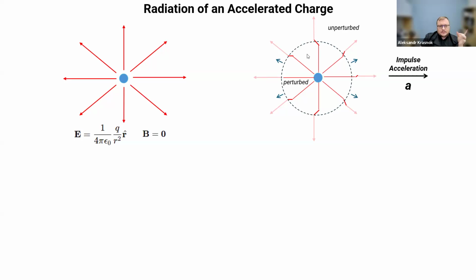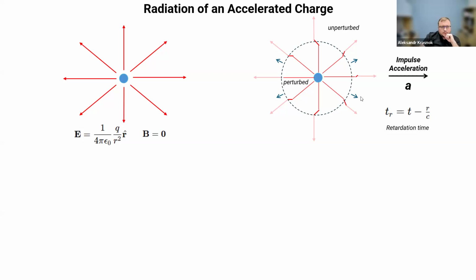At the same time, inside of this sphere, perturbed field, right? It is a field that has been changed because of this abrupt acceleration. And this area, this sphere, kind of propagates outward from the charge in the form of radiation.